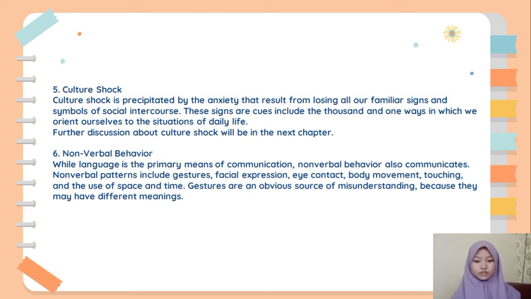Culture shock is precipitated by the anxiety that results from losing all our familiar signs and symbols of social intercourse. These signs or cues include the 1001 ways in which we orient ourselves to the situations of daily life. Further discussion about culture shock will be in the next chapter.